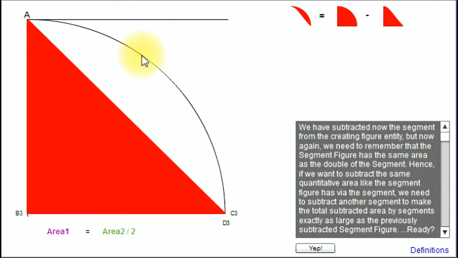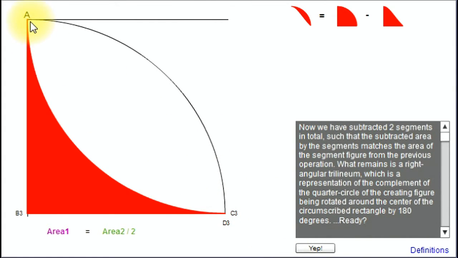But since we know that the segment is half the size of this segment figure, we subtract another segment from the very quarter circle figure, and we subtract it in a way that we just mirror the segment around the line AC3, which is giving us this area.